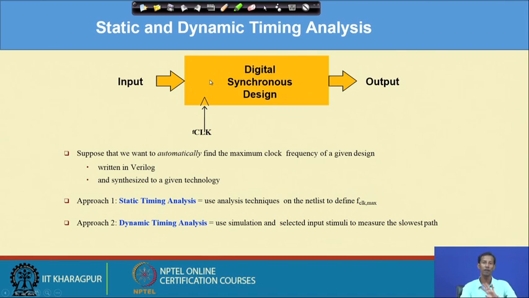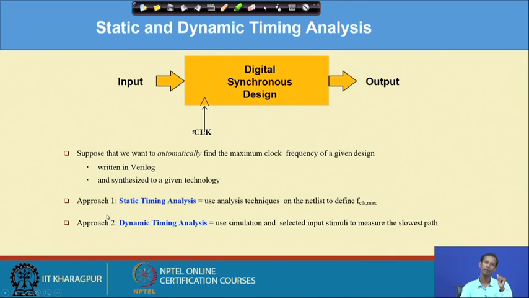Here we do a rough estimation based on the available information from the gate delays and the net delays, which is totally dependent on the library. From the library I get that information, and based on that I can calculate the timing requirement.